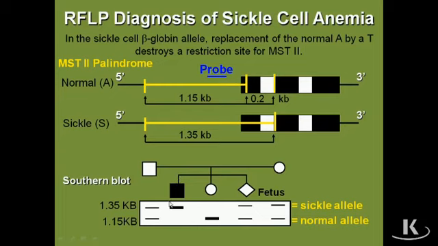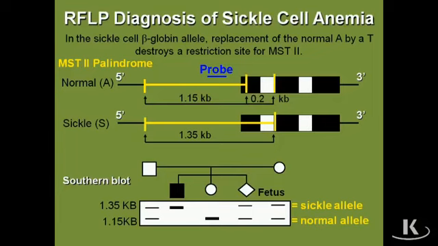Let's look down here at that particular individual, and you see, yes, this person has a very thick band, meaning there's 2 copies of the 1.35 kilobase band. What that means is they have 2 sickle cell alleles, and actually, according to the pedigree chart here, you could see that they're probably affected. Their box is colored in. From a pedigree standpoint, that means that they have phenotypically the disease.